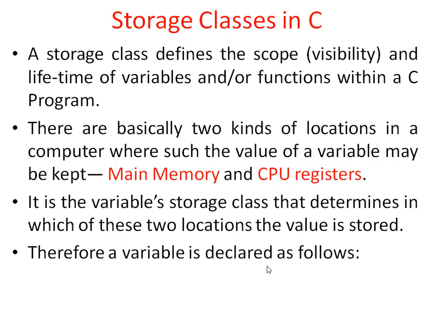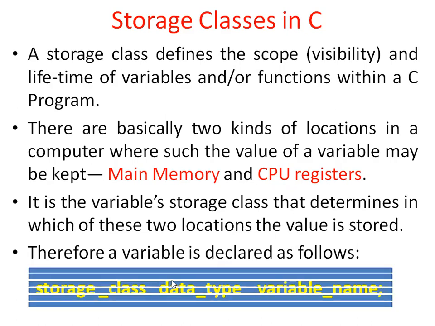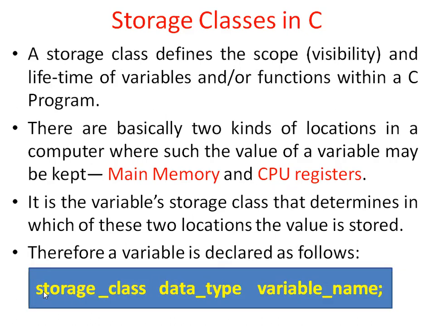Therefore, a variable is declared including the storage class as follows. First, we should declare the storage class, then give a space, then the data type, then a space, then the variable name, and end this with a semicolon.